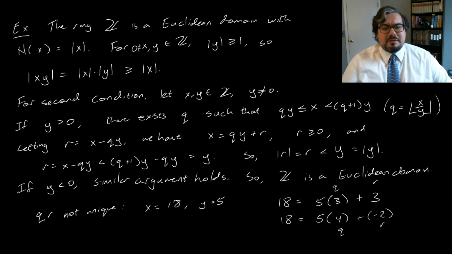Now, let's look at a slightly more complicated example. Finding Euclidean domains that aren't just the integers or polynomial rings over a field often requires a bit of work. So let's take an example.